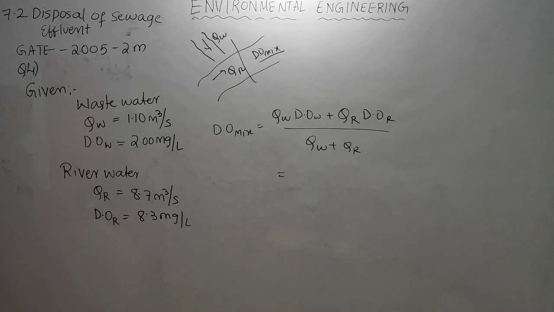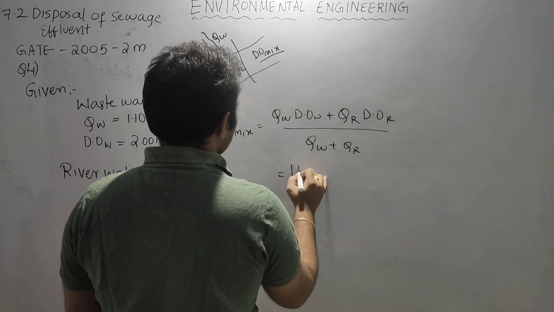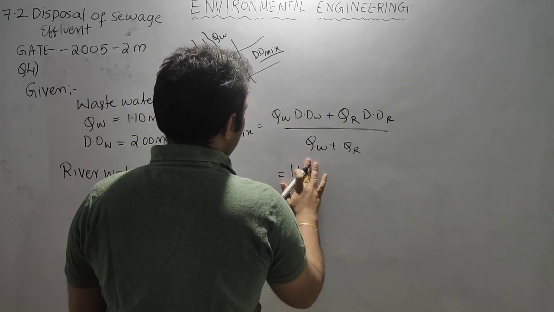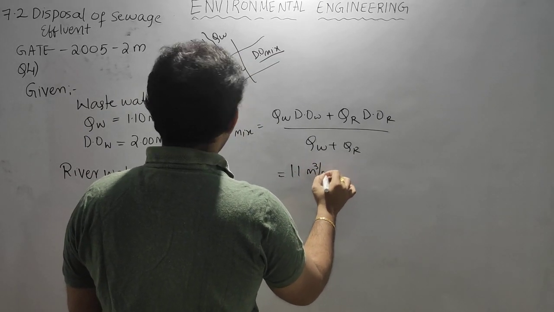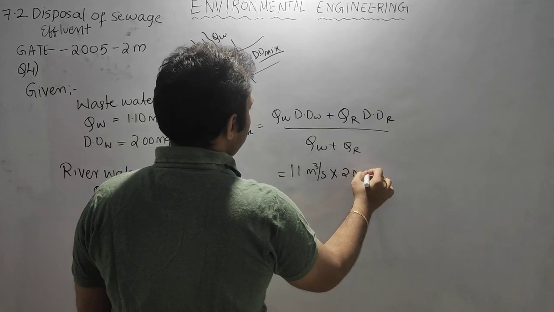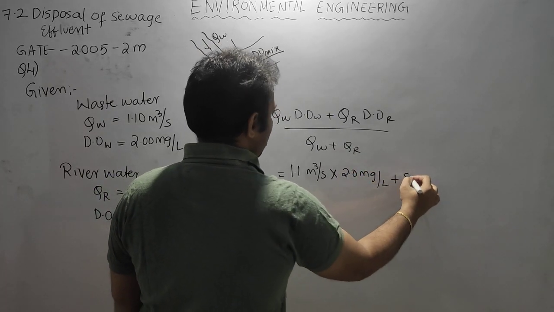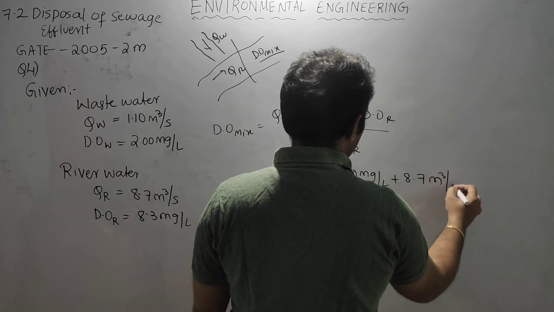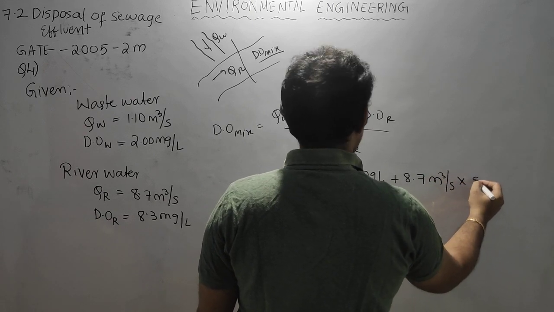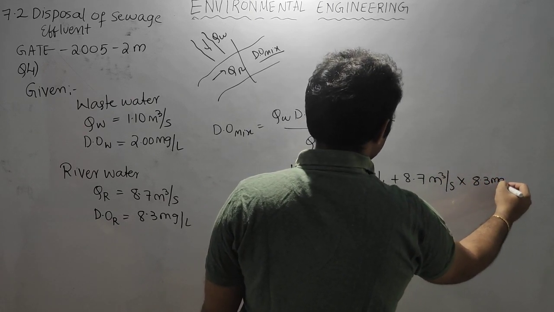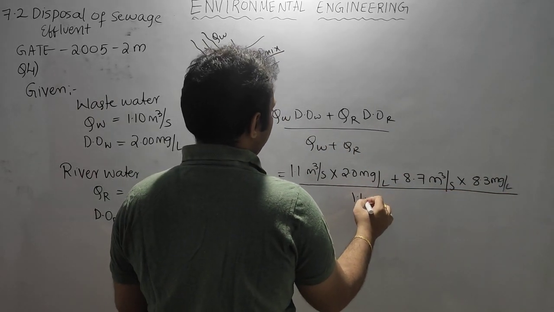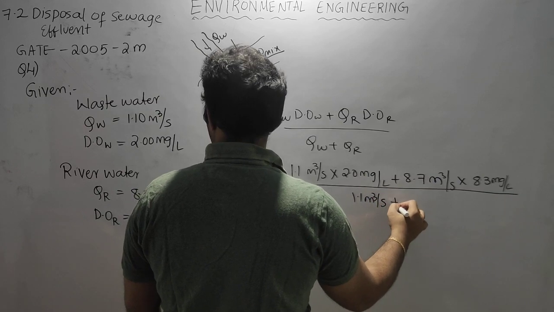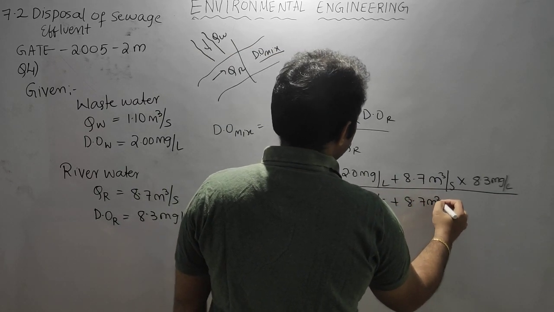Question number 4. 2 into 1.1. So this is 1.1 meter cube per second into DO 2.0 mg per liter, plus 8.7 meter cube per second multiplied with DO 8.3 mg per liter, by QW, which is 1.1 meter cube per second, plus 8.7 meter cube per second.